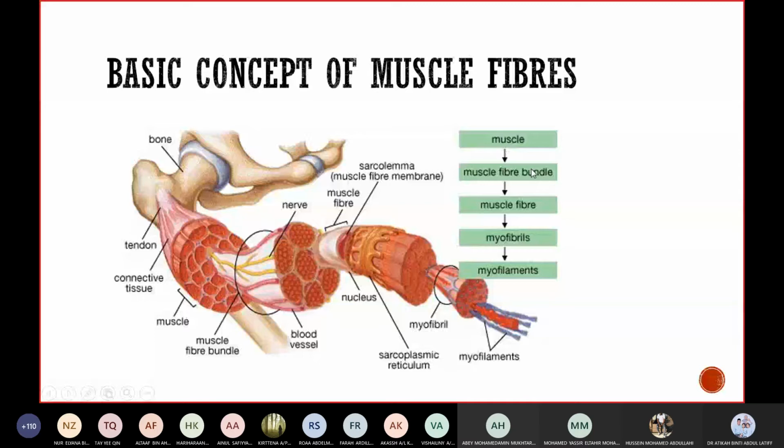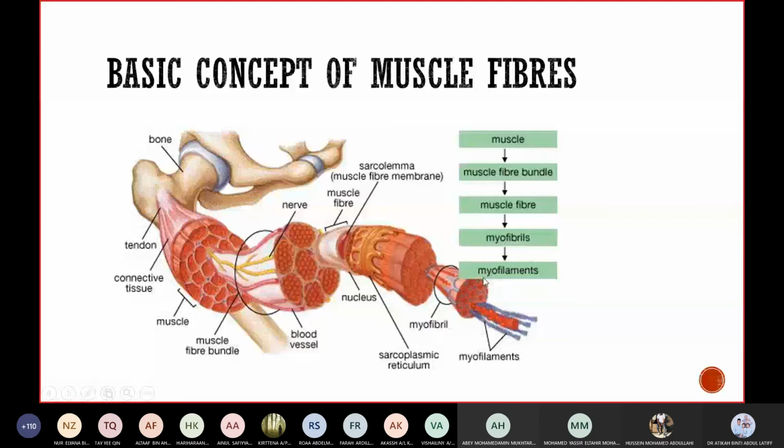Okay, muscle fiber bundle. And if you take one muscle fiber bundle and you cut that, you will find it is made of many muscle fibers. So this is one bundle, this is one bundle, and these are the muscle fiber bundles. And if you take one muscle fiber, you will see it is made of many myofibrils.